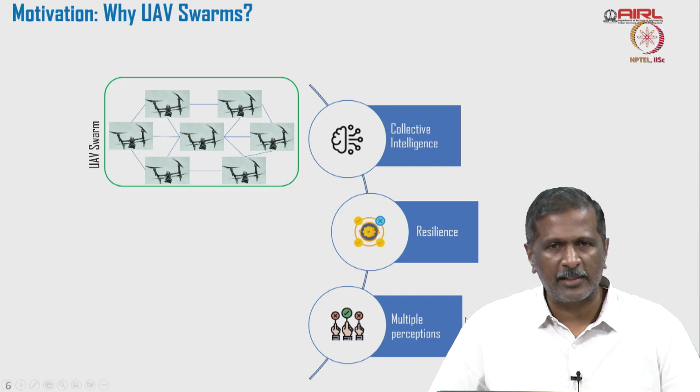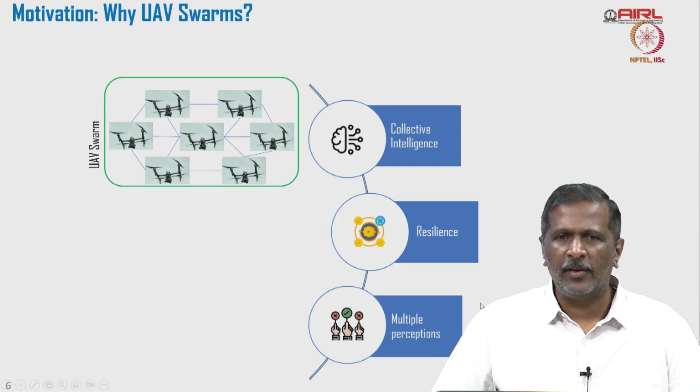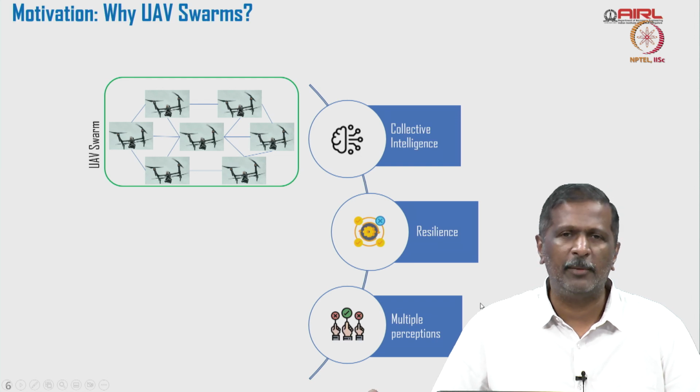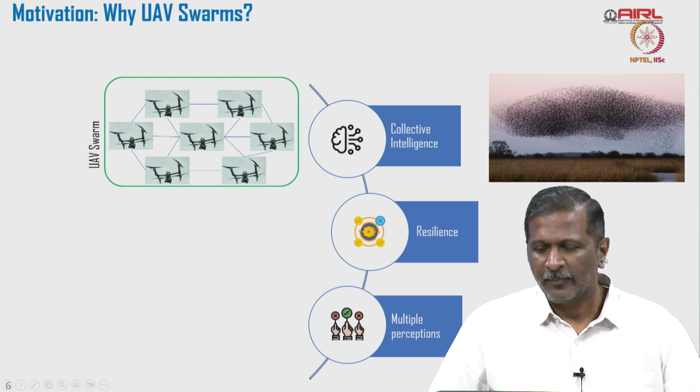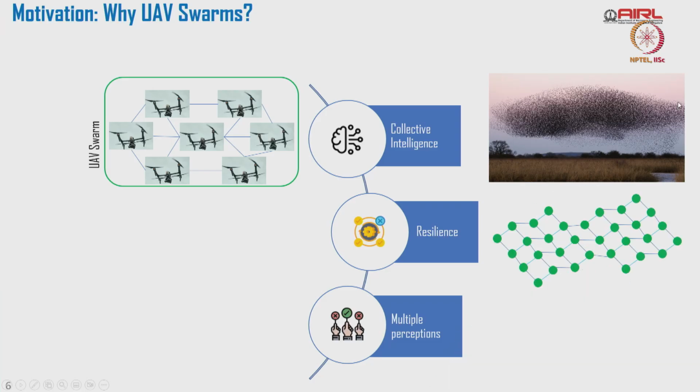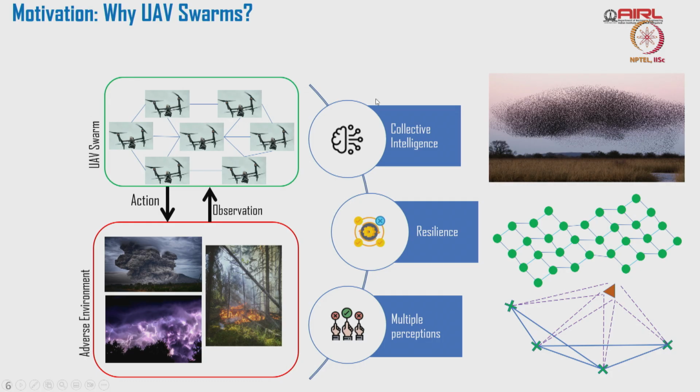They have multiple perceptions, so that more information from different views can be collected, right. They are connected, right. So that is another advantage: connected, they have resilient characteristics and can share the information through the network and use the collective information to make a decision, right.